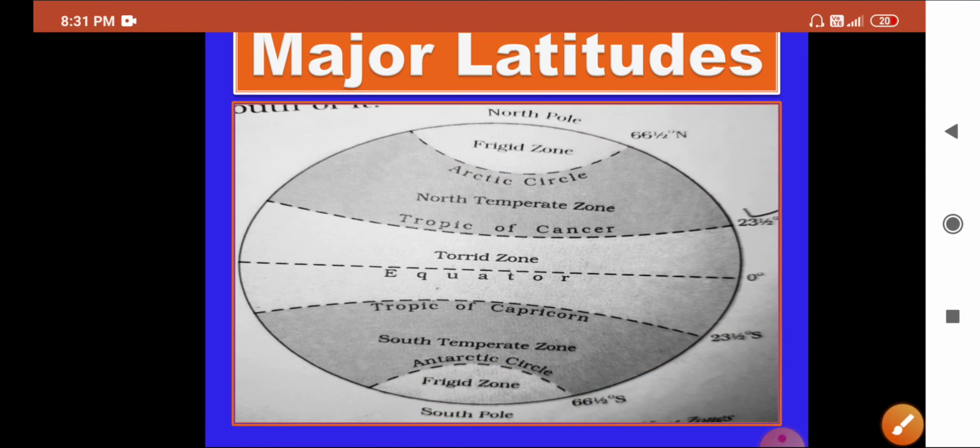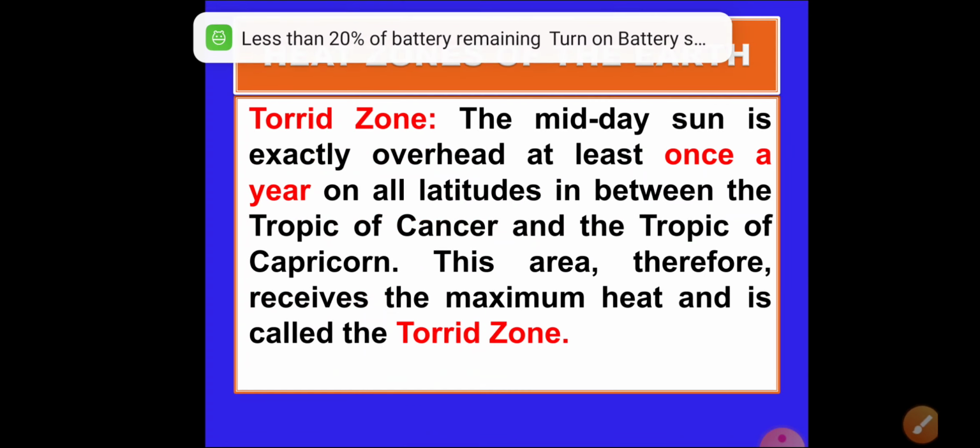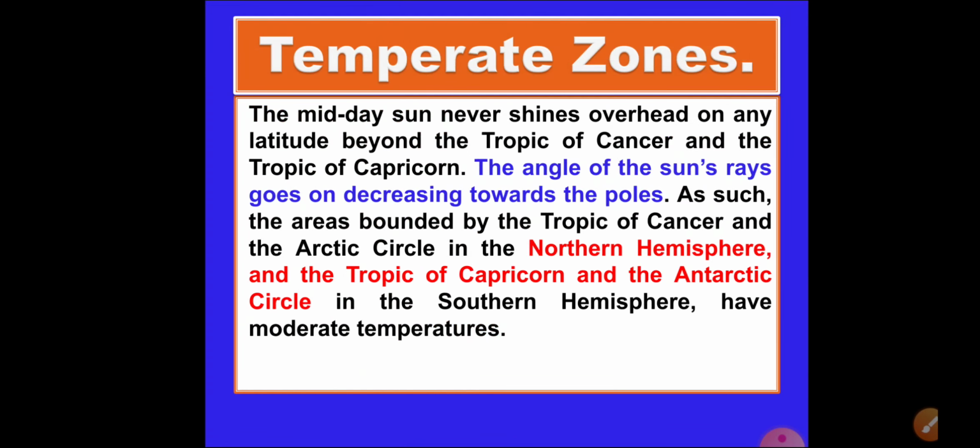Okay, coming to the next slide. Here we have discussed the zones. About the temperate zone, it is written, you can see the explanation, that the midday sun never shines overhead on any of the latitudes beyond the Tropic of Cancer and Tropic of Capricorn.